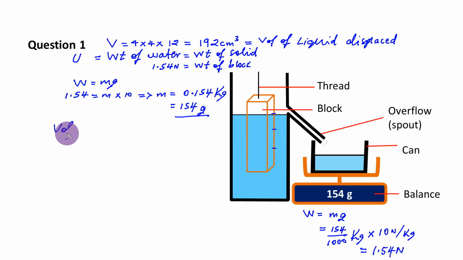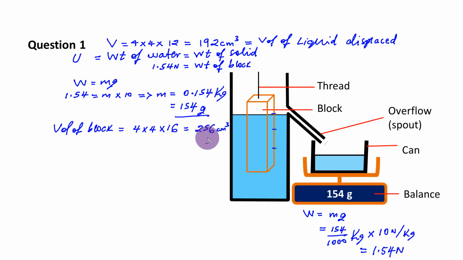Volume of block is equal to 4 by 4 by 16, because the length or the height of that block is 16. This is what gives us 256 centimeters cubed.